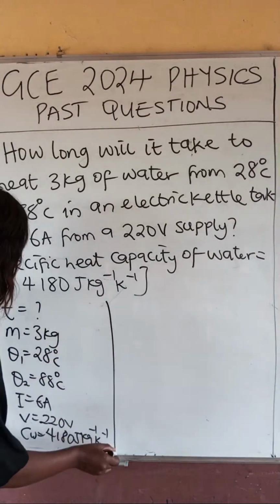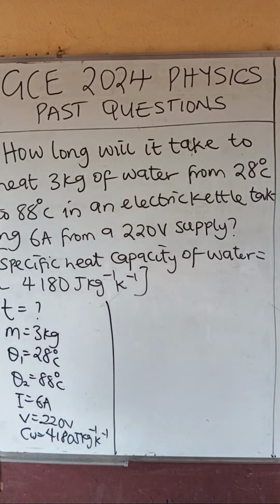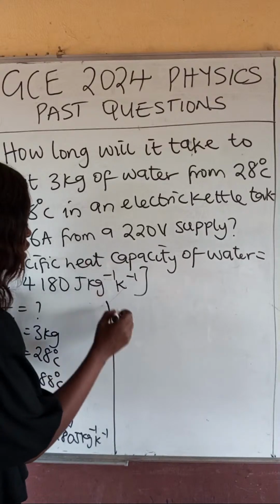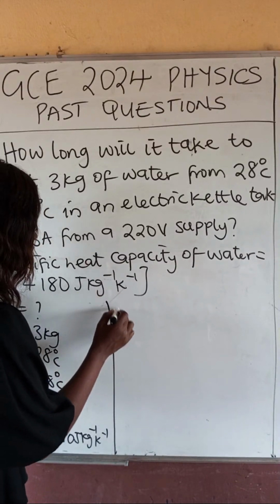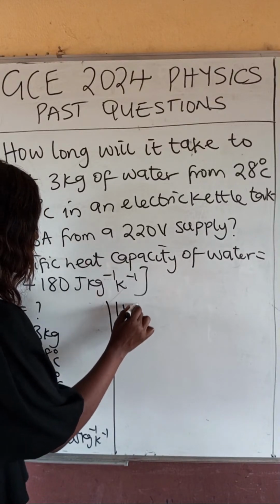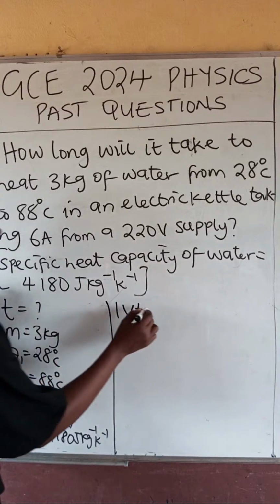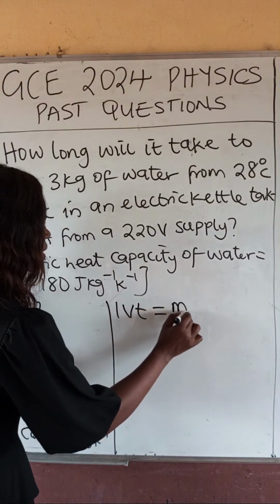Now, these are the parameters given. So you are going to use what we have to find our problem. So the formula we are going to use for the quantity of heat, H, is replaced with IVT, because we have current, potential difference, and time.